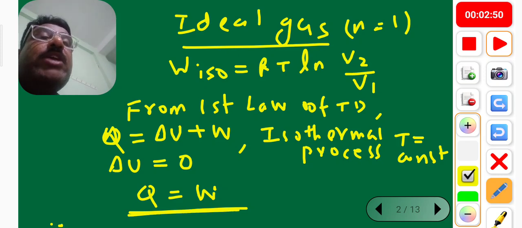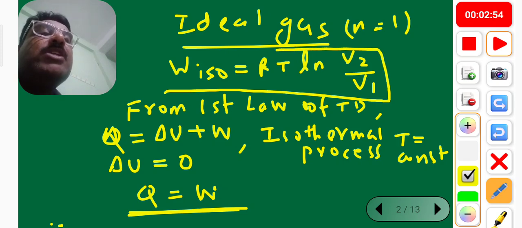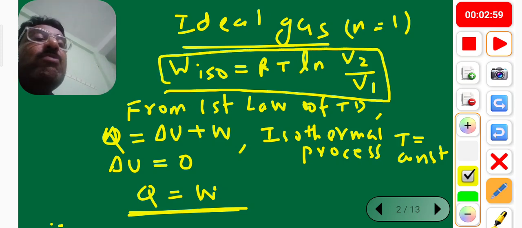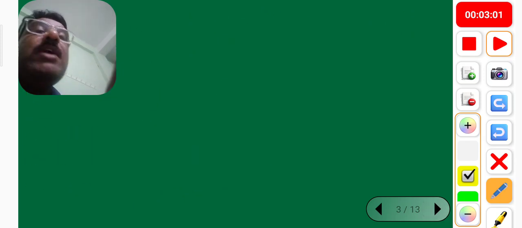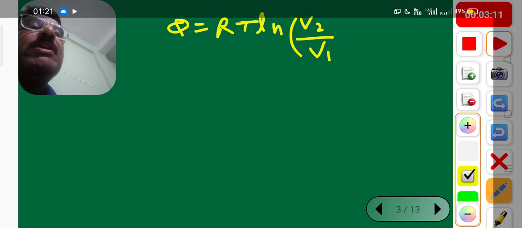So I have already got the work done formula, RT into ln of V2 by V1, and this work done is equal to the heat absorbed. So I can write heat absorbed Q is equal to RT into the natural logarithm of V2 divided by V1.